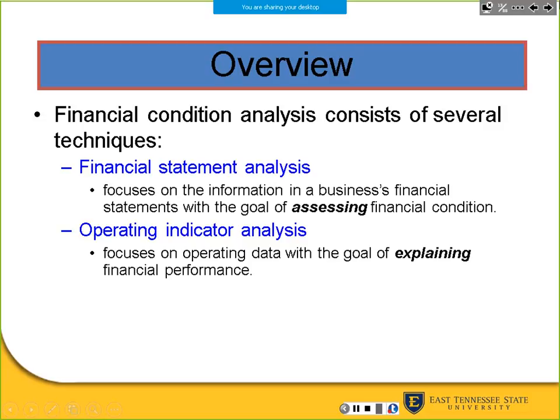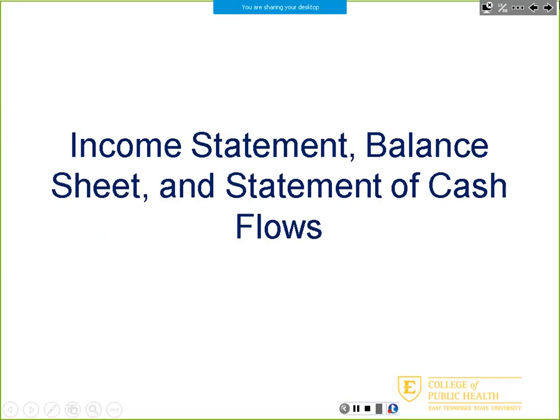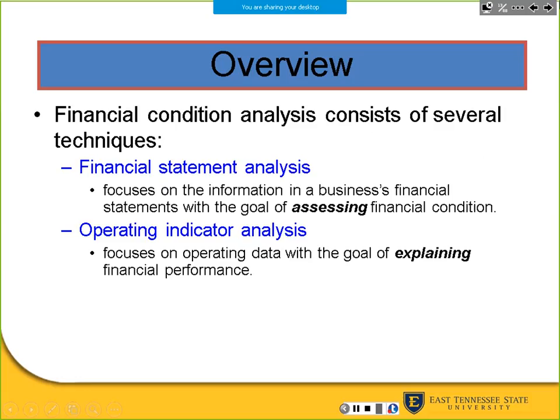So these are going to be things like, last time we talked about days cash on hand. We're going to talk about things like days in accounts receivable, how much salary we're paying per occupied bed in our facility, things like that. That's going to explain our financial performance.